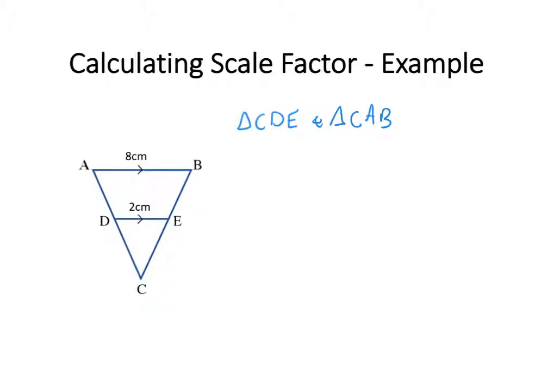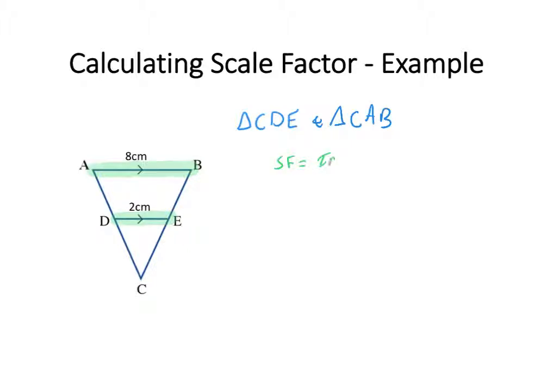So having a look, I know the measurement of side AB and the corresponding side on the smaller triangle is side DE. So because I know what the corresponding side is on both triangles, I can use that side to calculate the scale factor. So I start off by writing the formula.